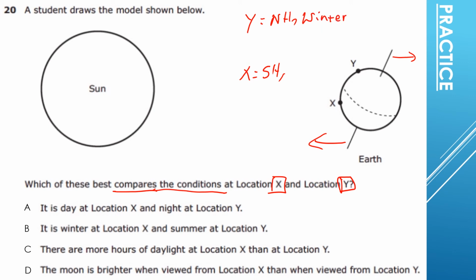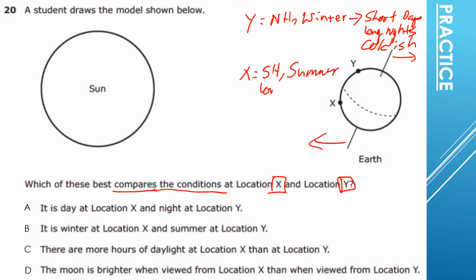So winter means short days, long nights, cold-ish, depending on where you are. Southern hemisphere is in summer.